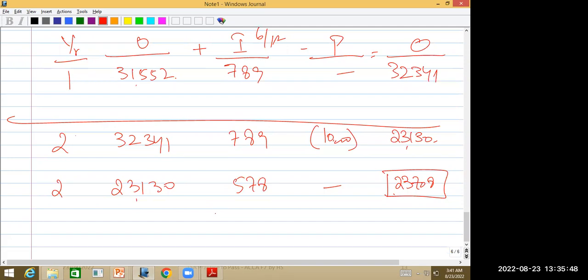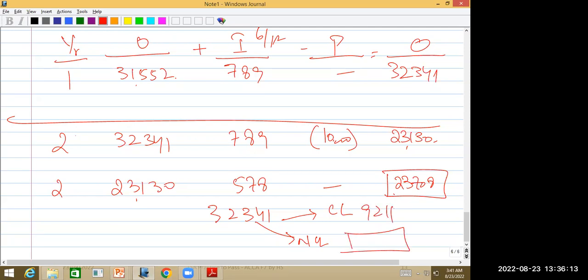So out of 3, 2, 3, 4, 1, the current liability and the non-current liability. Current liability is 10,000 minus 789, which is 9211.